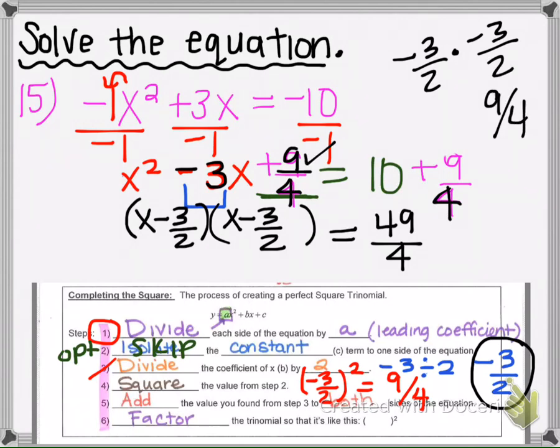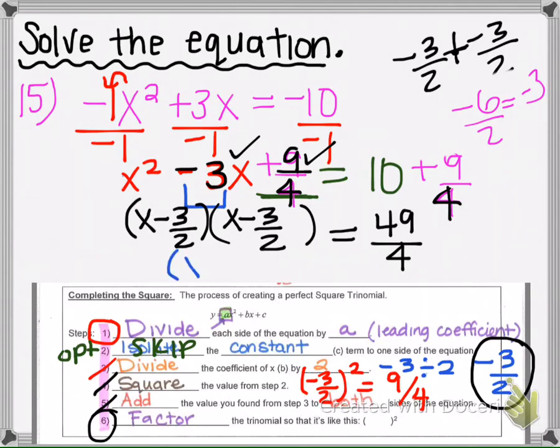And then if we add them, -3/2 plus -3/2 is -6/2, which is -3. So it works. Okay, so now that we have added that number into the problem, now we can factor this. That was the point. We were able to factor this, and now we can rewrite it as x minus 3/2 to the second power.